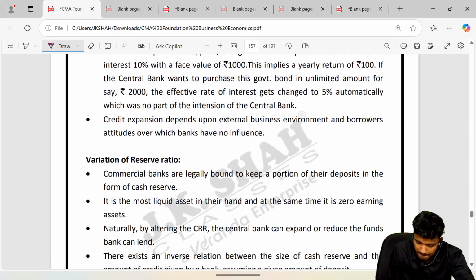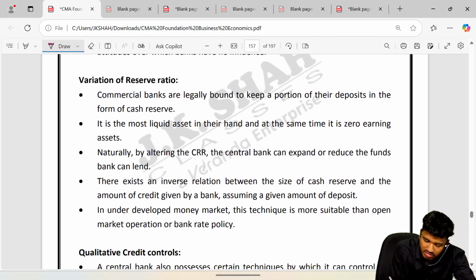Okay. Now variation in reserve ratio. What is reserve ratio? I'll tell you. There are two types of reserve ratio.